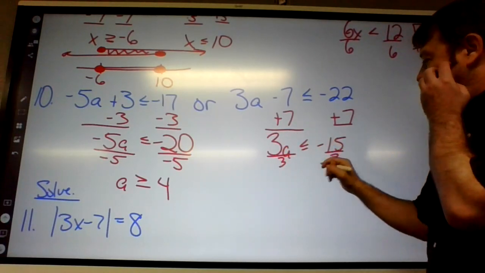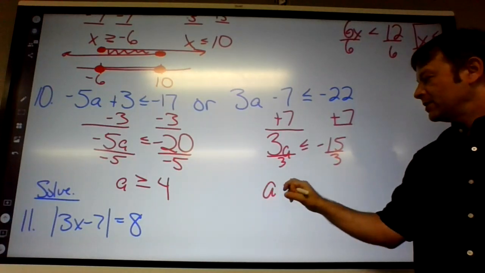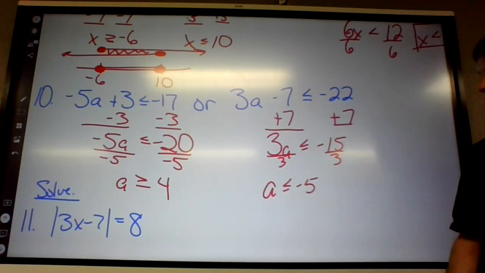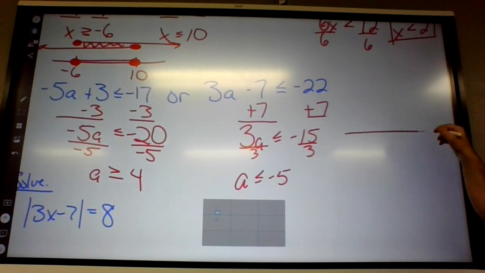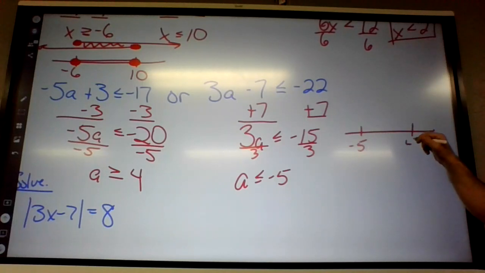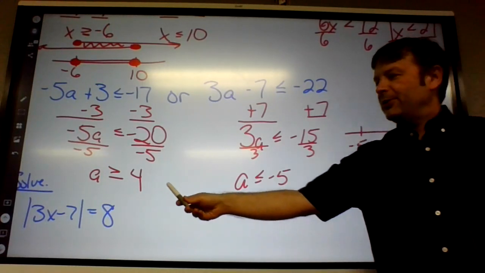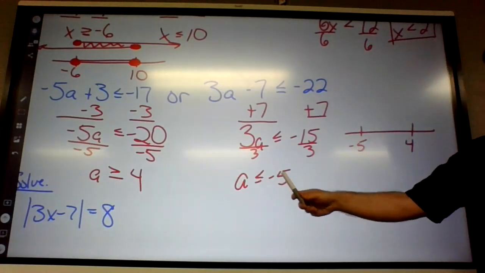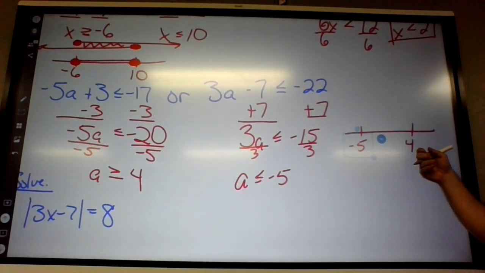Okay, this one does not switch, because we're not dividing by a negative. You know how to add and divide, you don't need to watch. Yeah, no, I was still writing down the problem. Okay, it doesn't matter which order these answers are in, the -5 is definitely on the left. -5 is to the left of the +4.